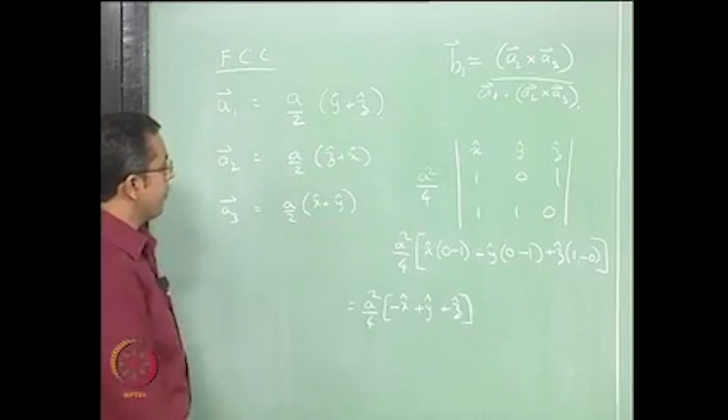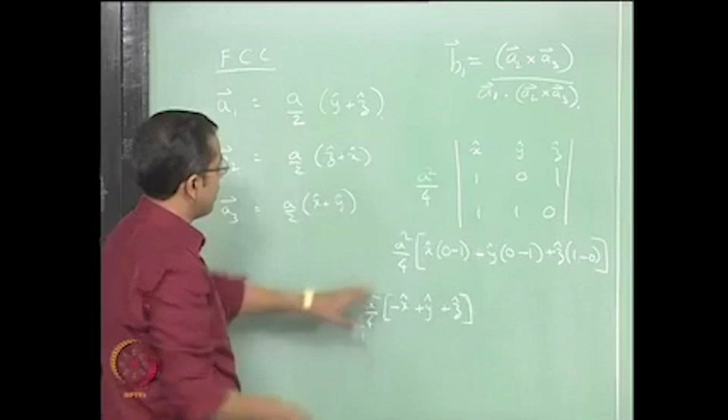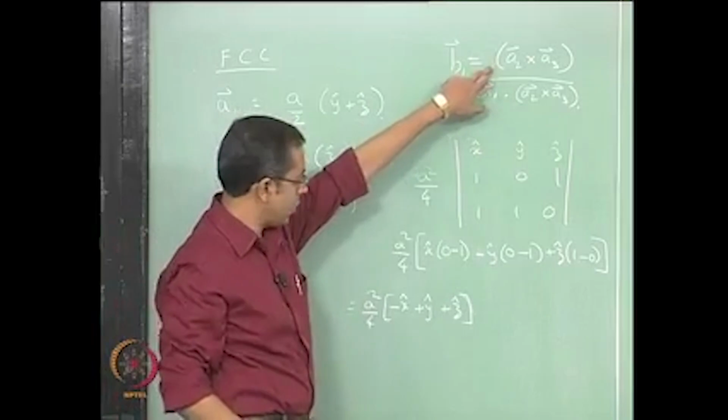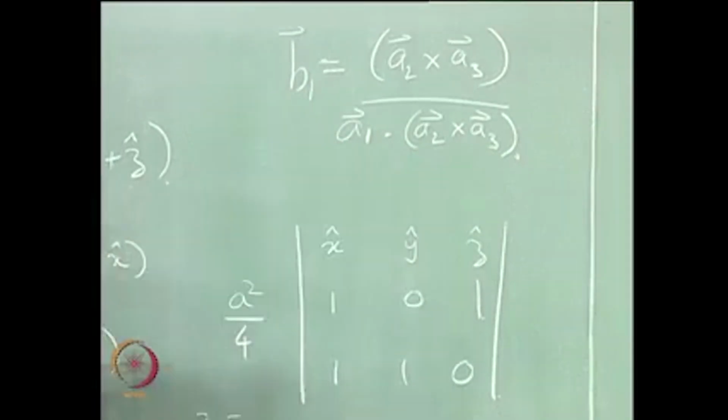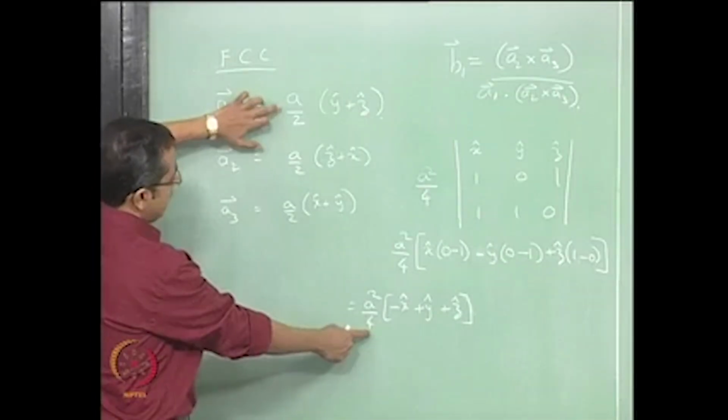Now we will do a dot product. We already have the numerator. The denominator is simply this same A2 cross A3 dot A1, so the denominator is going to be the dot product of this and A1 here.